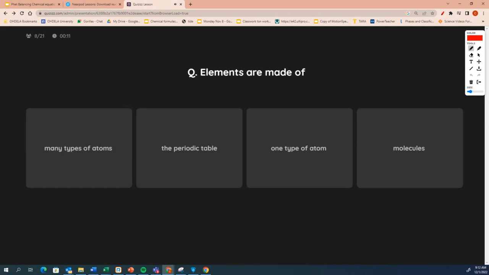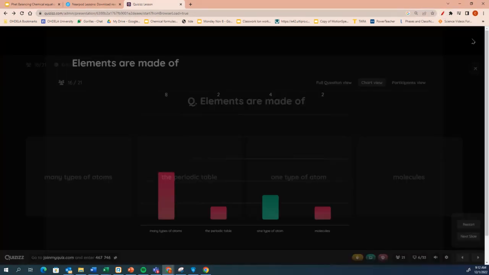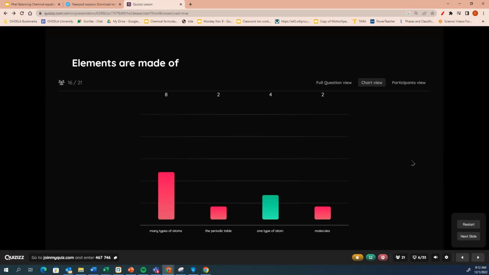Ne, capital N, little e. What do we call that? That's an element. So you should have said one type of atom. Did you say one type of atom? Uh-oh. Many types is a compound.